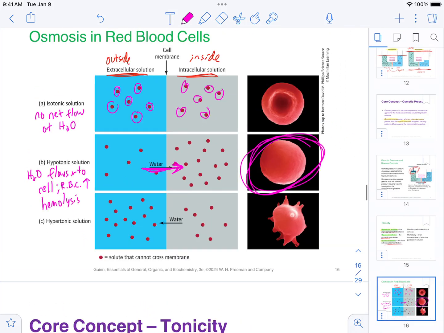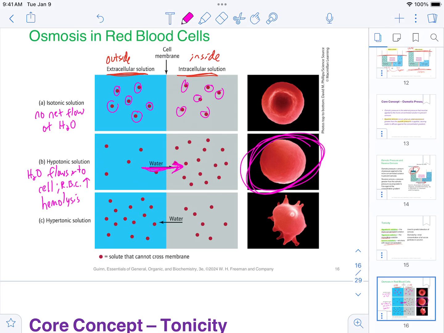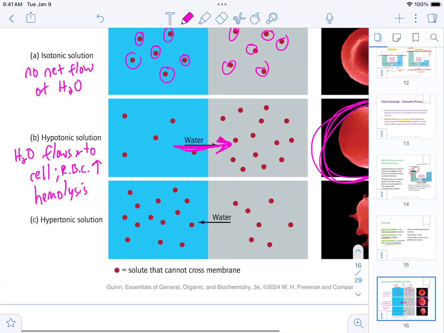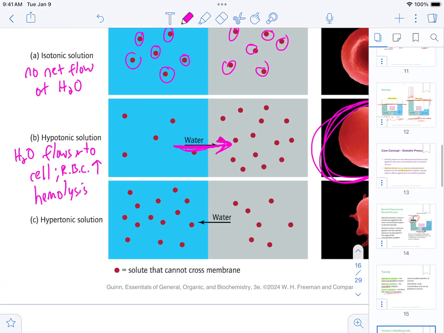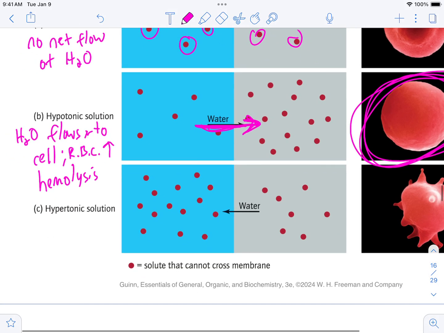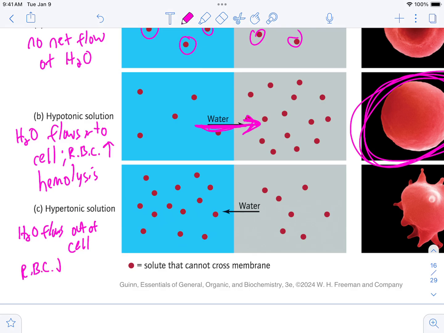And then C, our hypertonic solution. This is when water flows out of the cell. And that causes the red blood cell size to decrease, or it will shrink.